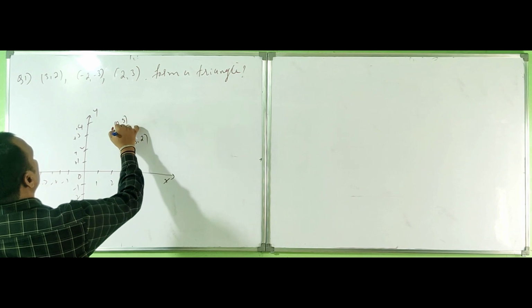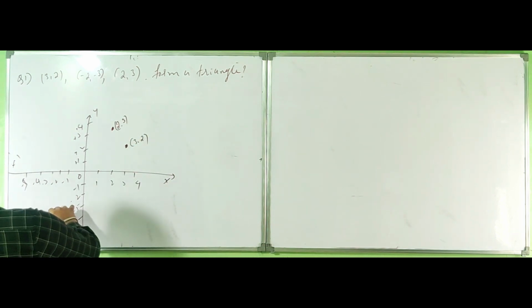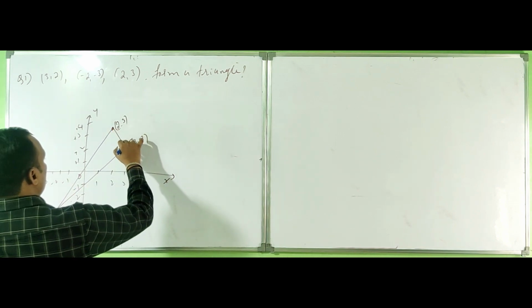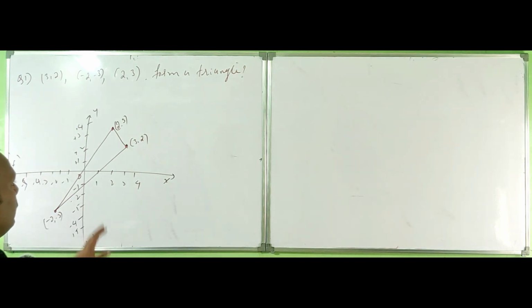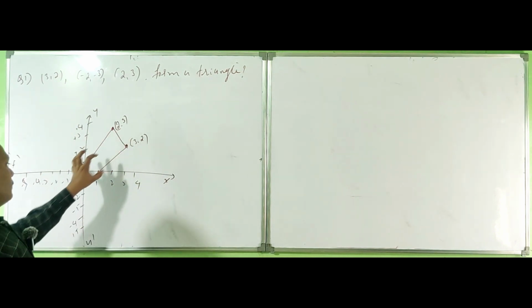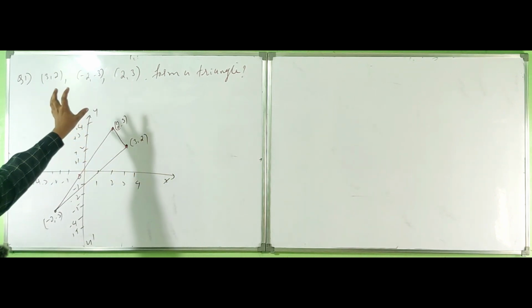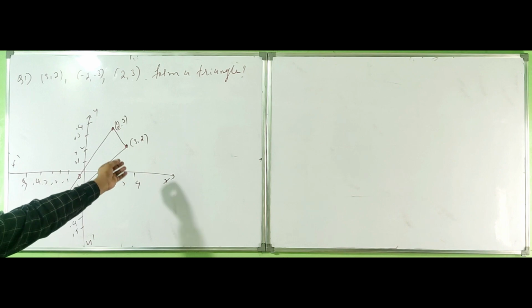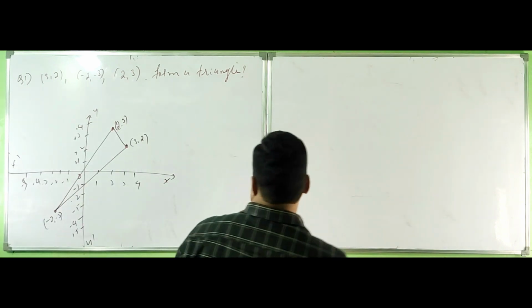Let's join these 3 points. This is the diagram with respect to these points, and we draw the line segments also. Just find the distance between these points.